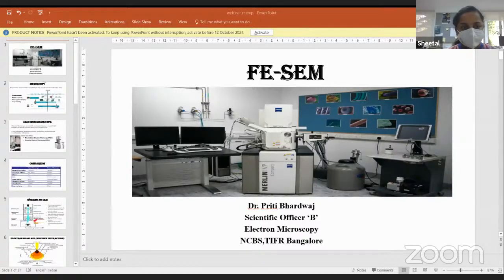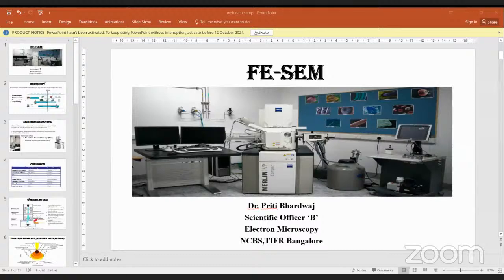Hello everyone. Today we will talk about field emission electron microscopy. So first we should know what microscopy is. Microscopy is the technical field of using microscopes. Microscopes are the instruments used to magnify small things which we can't see with the naked eye.